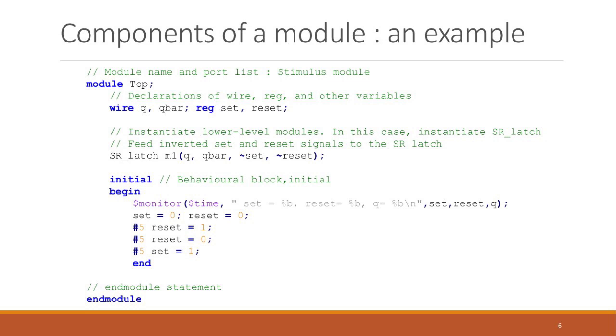Therefore, the components we saw in the previous SR latch module can be seen here as well. The module name is given as top, and there's no input output ports list here, as it does not take anything from the outside world as inputs, and also it does not give anything to the outside world as outputs.